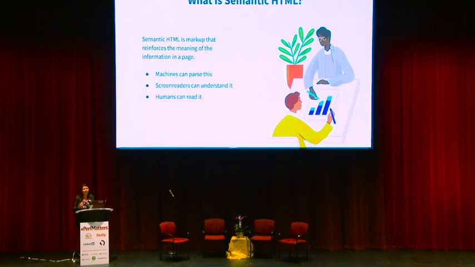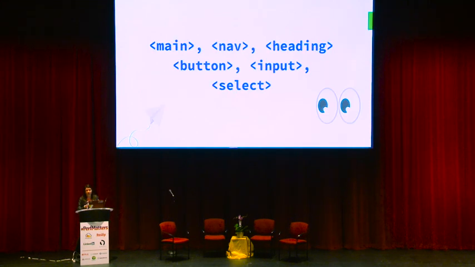So the main purpose of my talk is to encourage developers to use Semantic HTML. And Semantic HTML is markup that reinforces the meaning of the page with how we code it. And the reason that we want to use it is because it can be better understood by machines, screen readers, and your fellow human developers who are working with you trying to read your code whenever there's bugs in there. So this is not a mystery of what this looks like.